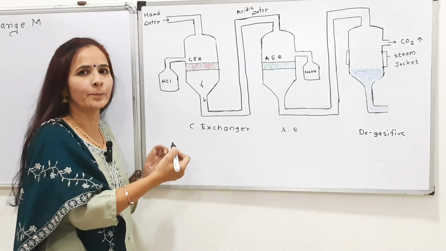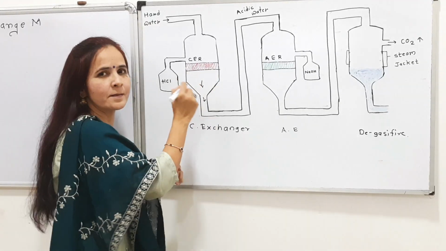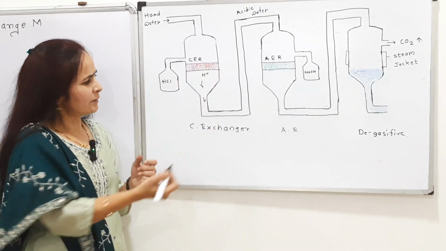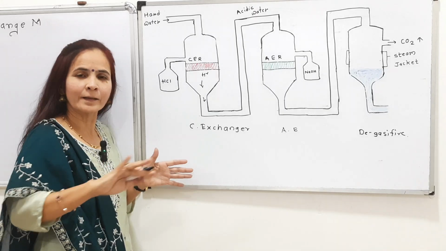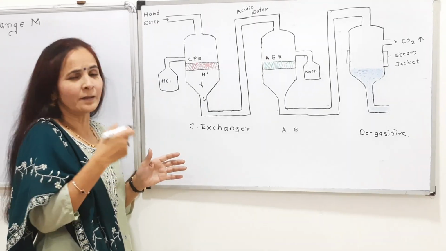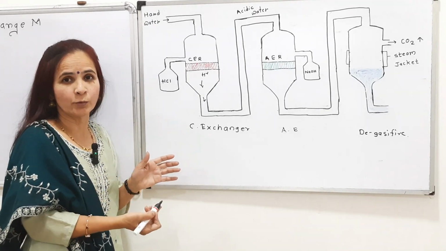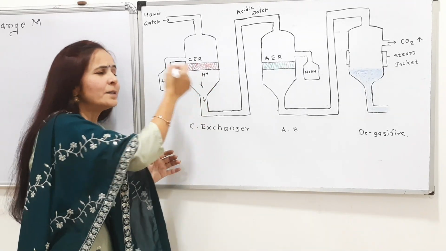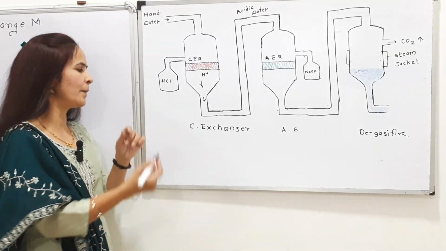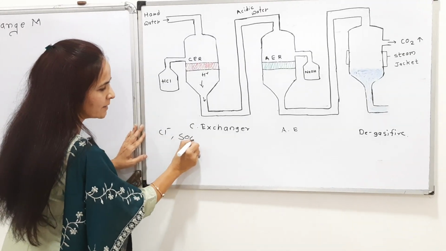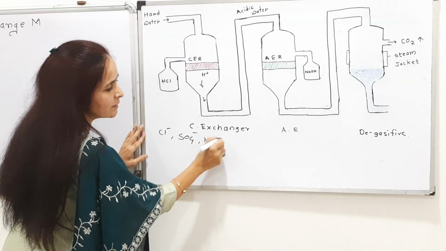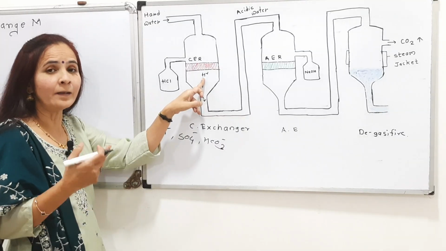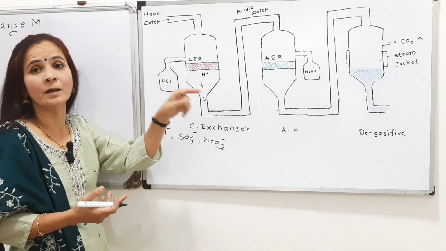In this case, the H+ ions are released from the resins. After this, the water becomes cation free, but the anions are still present in that water. Those anions, which may be Cl-, SO4 2-, HCO3-, react with the hydrogen released from the resin, and due to that the water becomes acidic.